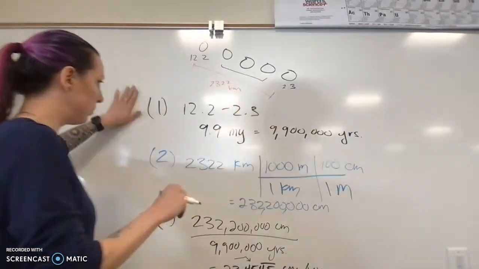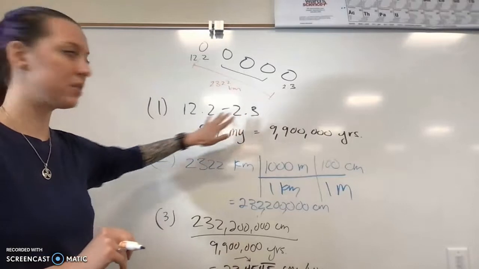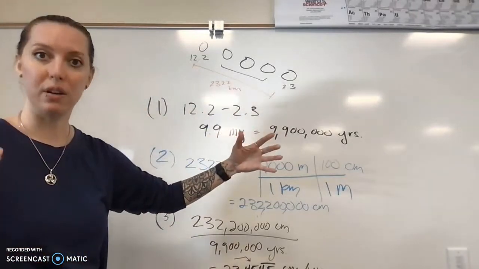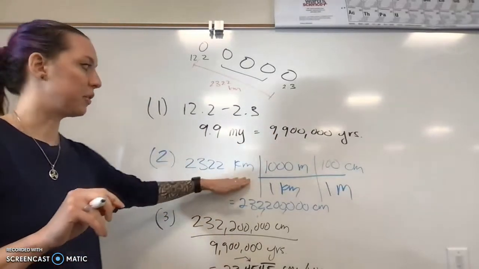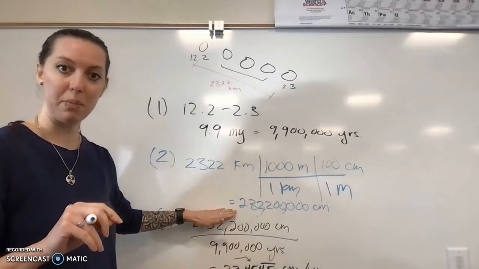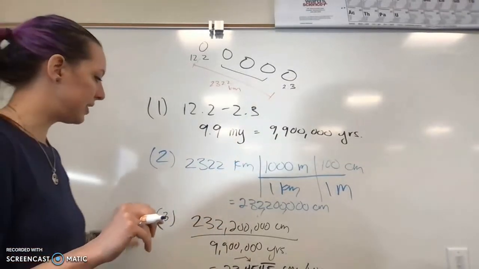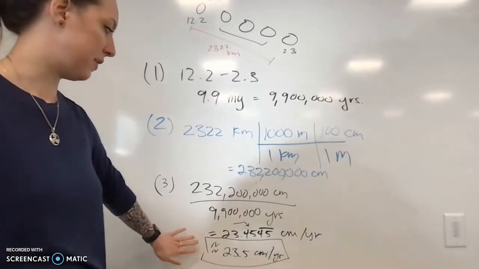And then go through our 3 steps. First step, subtract our youngest from our oldest to give us the range of years, and then expand that out. Second step is to convert our kilometers to centimeters. Remember to always include your units. Units are super important.